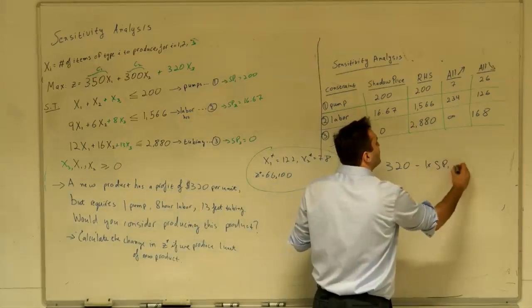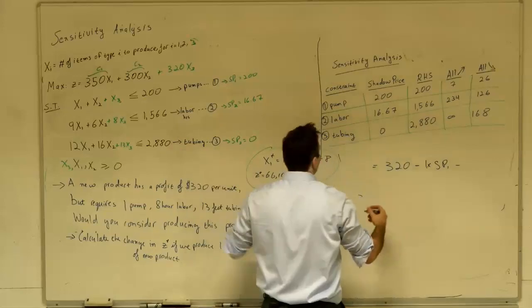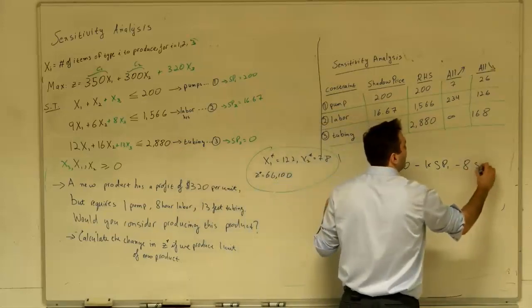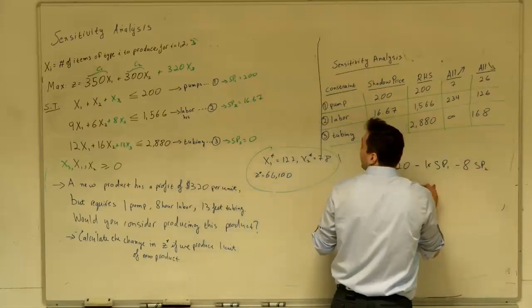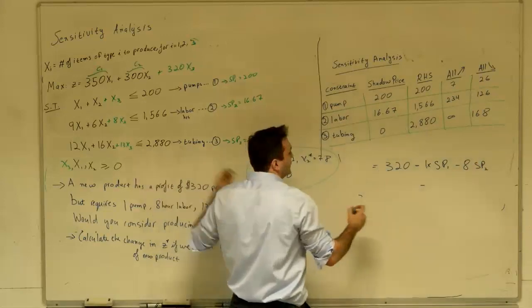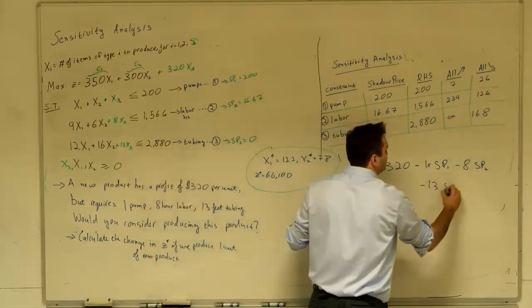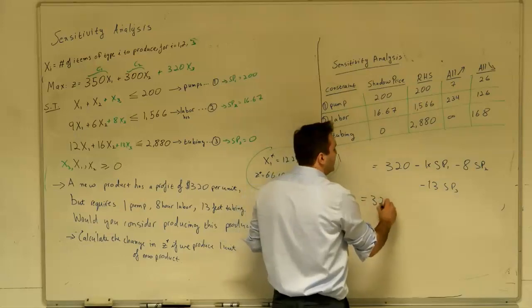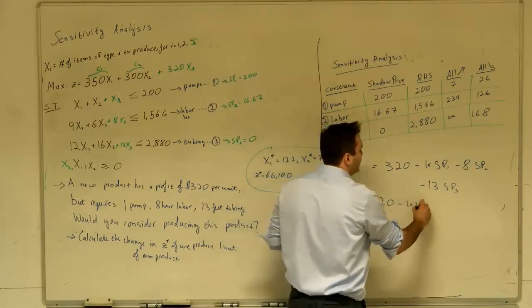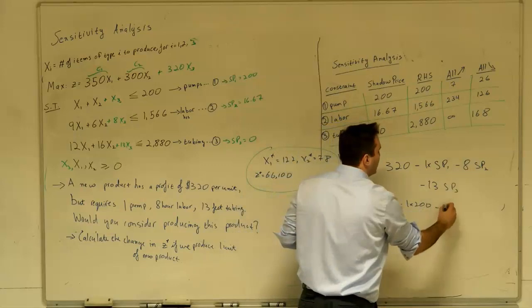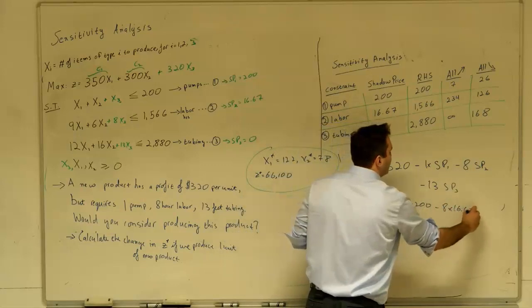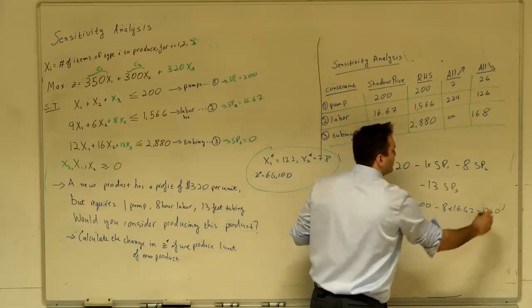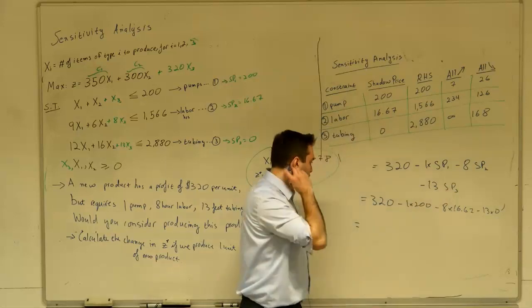And it will cost me 8 hours of labor, so 8 times the shadow price of labor, and it will cost me also 13 feet of tubing. So this will result in 320 minus 1 times 200 minus 8 times 16.67 minus 13 times 0, since the shadow price of feet of tubing is 0.